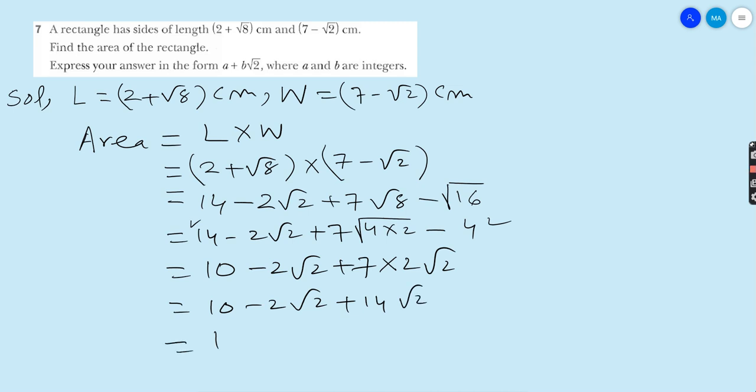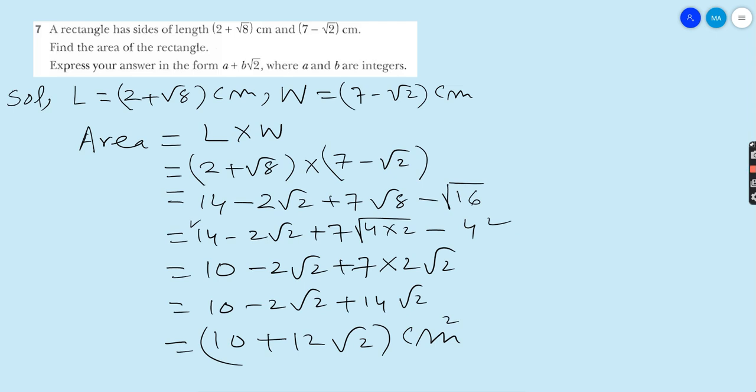So 10, and 14 root 2 minus 2 root 2 is 12 root 2 centimeter square, because dimensions are given in centimeter. The area of the rectangle is 10 plus 12 root 2 centimeter square.